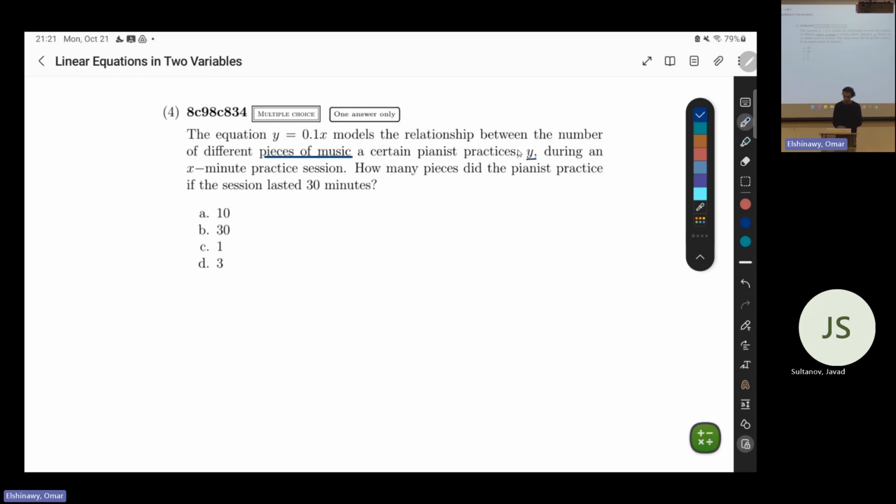Just for the sake of simplicity, we have y songs which are played in x minutes. And what's the question asking us? It's asking us to find the number of pieces which will be played in 30 minutes.